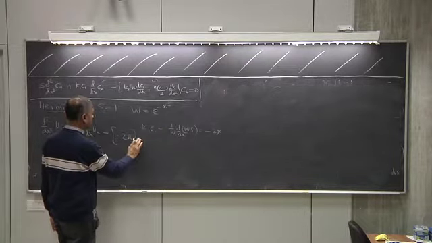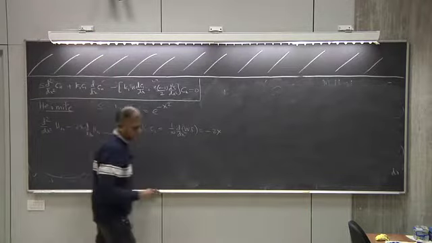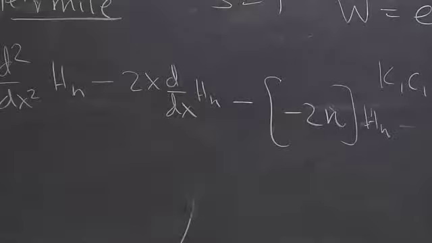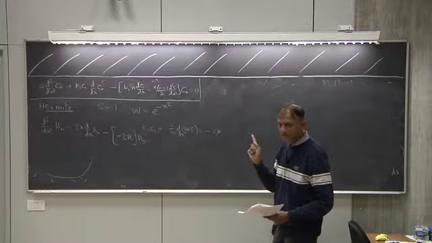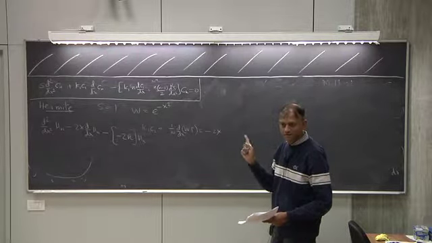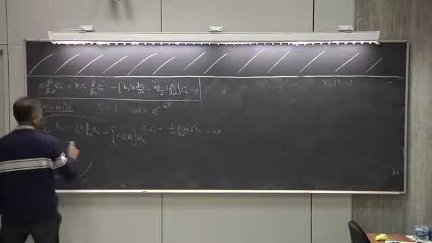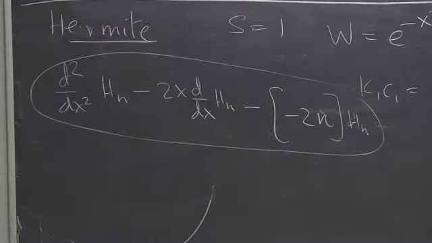That is the lambda times Hn. Is that correct? Hermite polynomials, yes, correct. This minus minus makes it plus. So that's the Hermite polynomial equation, equal to 0. You have seen this equation in the harmonic oscillator problem.